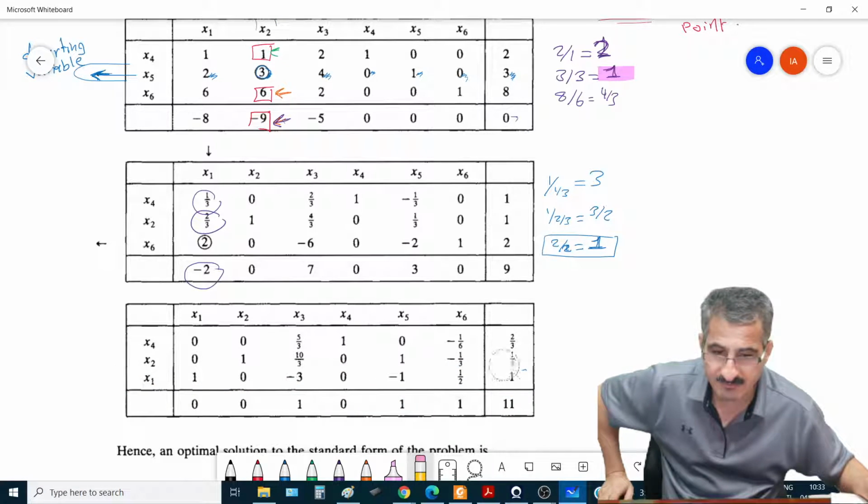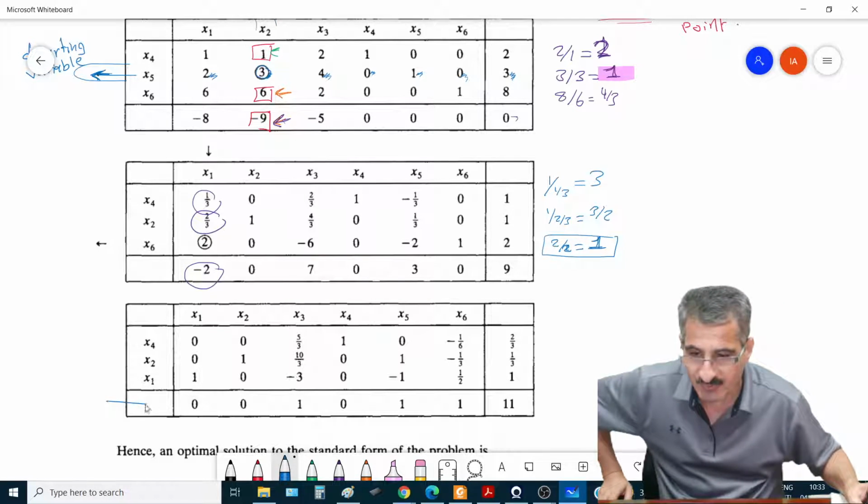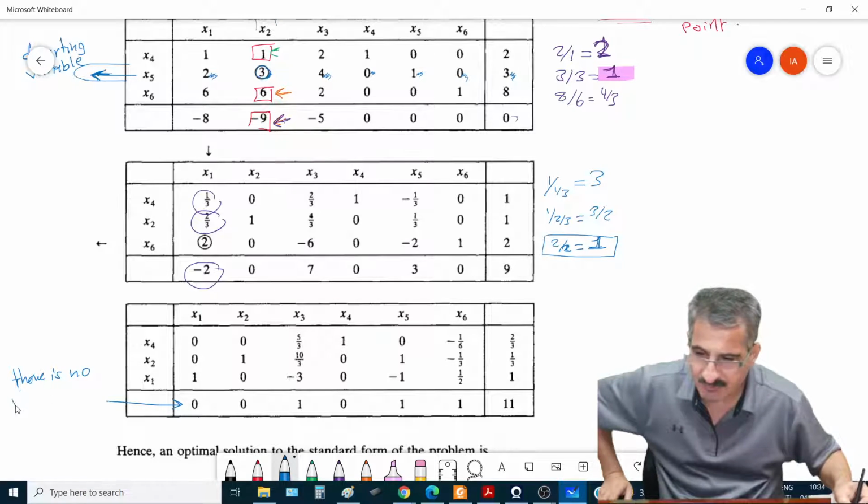Why are we done? Because there are no negative values in the objective row.